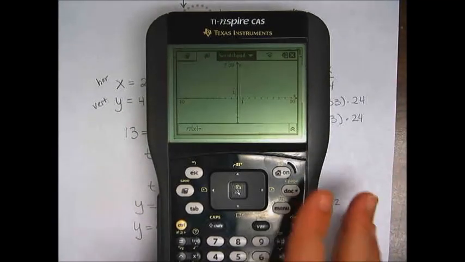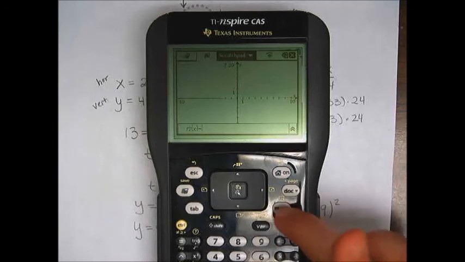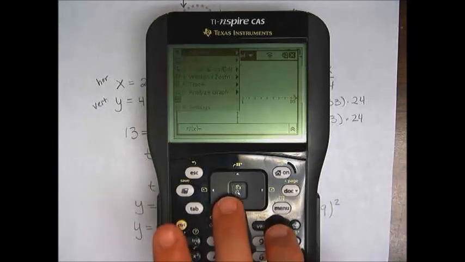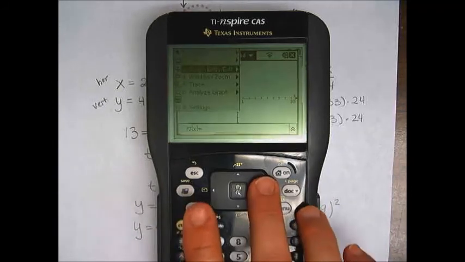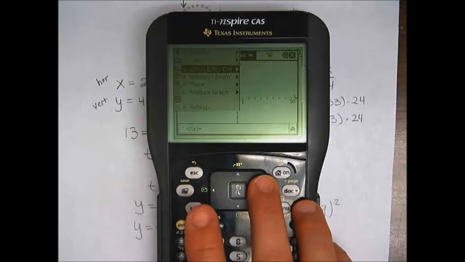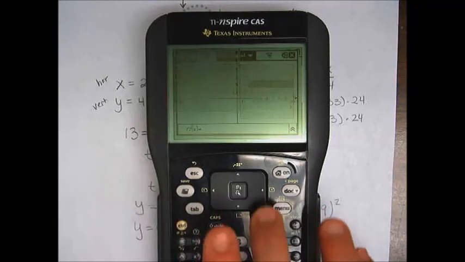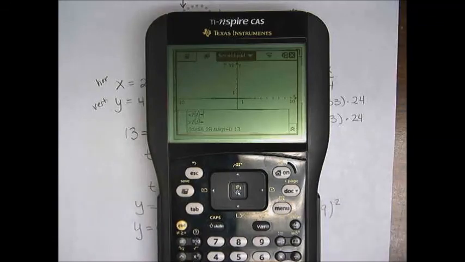So first thing you want to do is make sure that your calculator is in parametric mode. So I pressed menu and then option number 3, which is graph entry, change to parametric mode. I want to enter the equations in here.